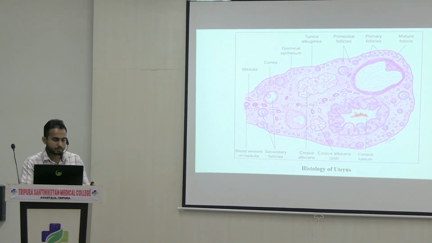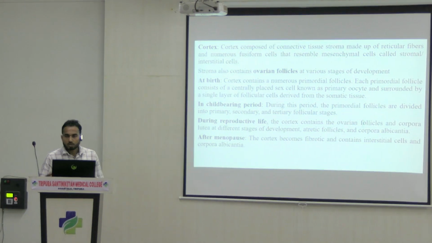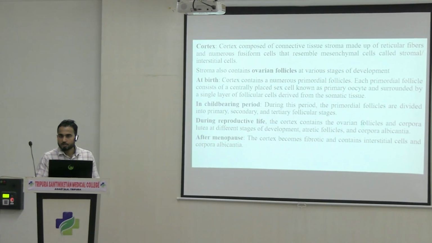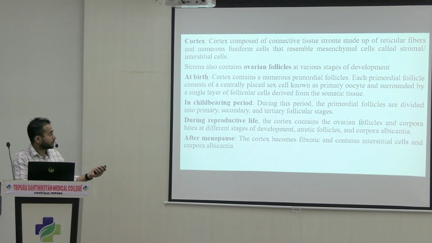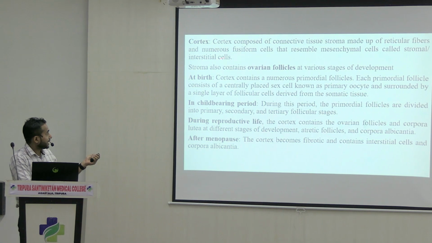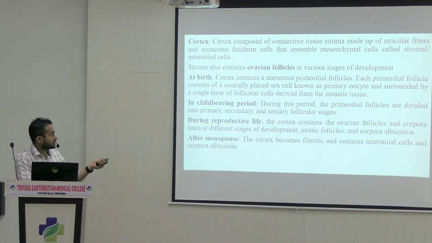Okay, under the microscope. Now, if you see the cortex, the connective tissue, the stroma, is mainly made up of reticular fibers, and along with that fusiform cells are also there, which resemble mesenchymal cells, and they are also called stromal cells or interstitial cells.